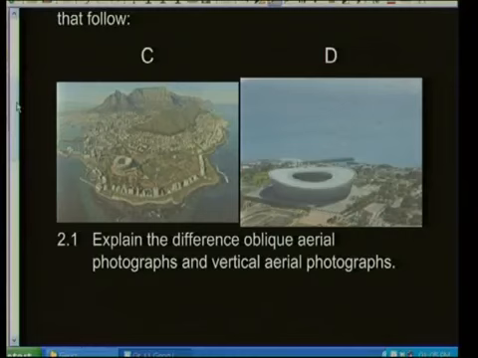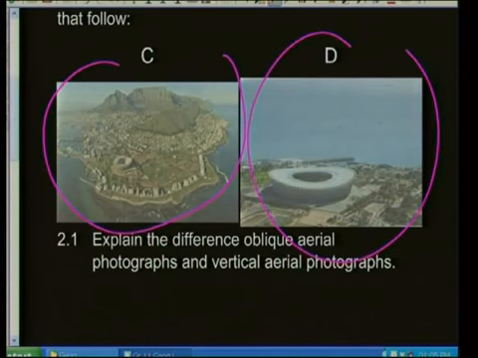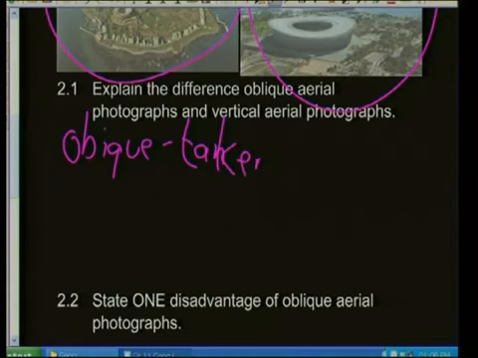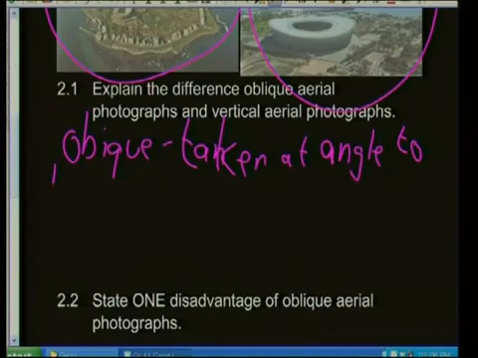Explain the difference between oblique. Obviously, we've got 2 photographs here, C and D. But the first question again is straight theoretical. Explain the difference between an oblique aerial photograph and a vertical aerial photograph. Obviously, oblique is taken at an angle to the vertical.